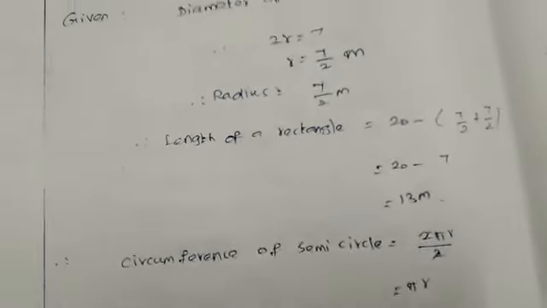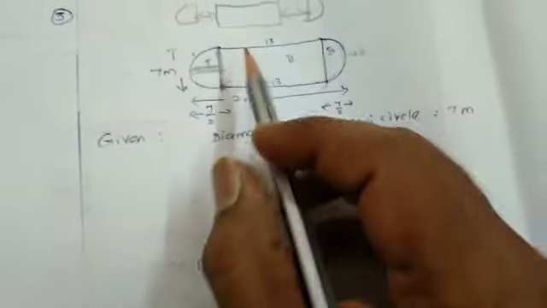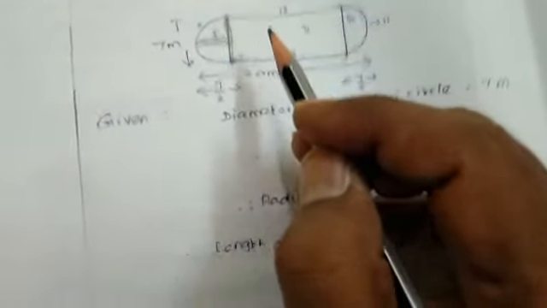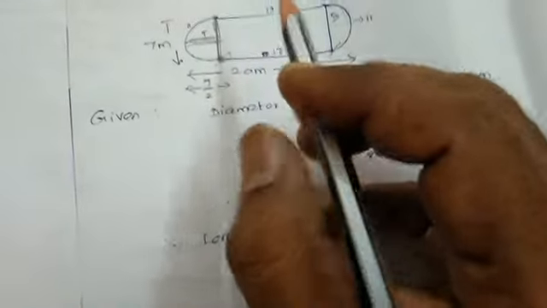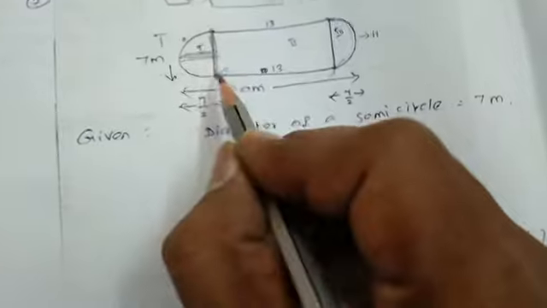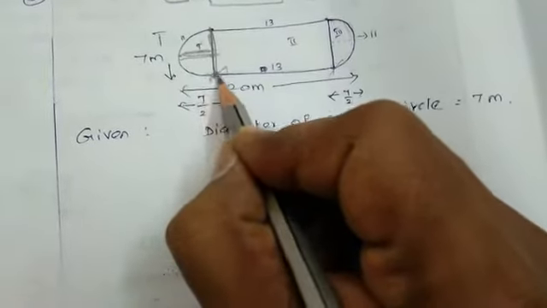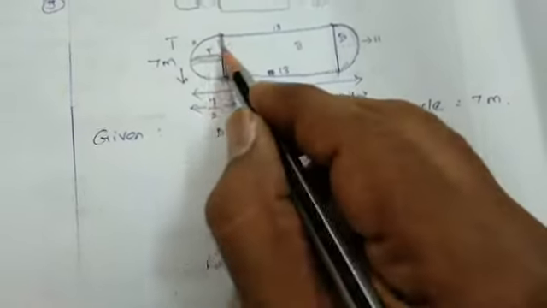Now two things we need to find: the area and the perimeter. First, find the perimeter. For the perimeter, you start at this point, or anywhere, and don't consider the inside lines.